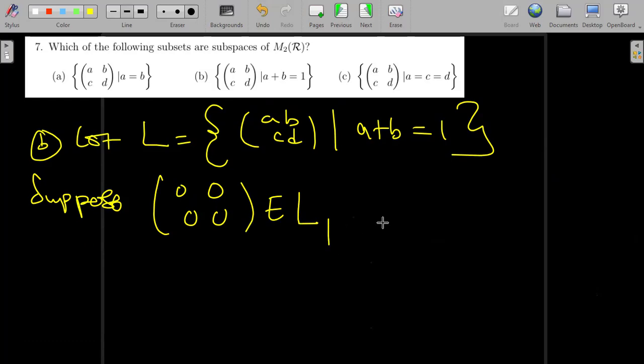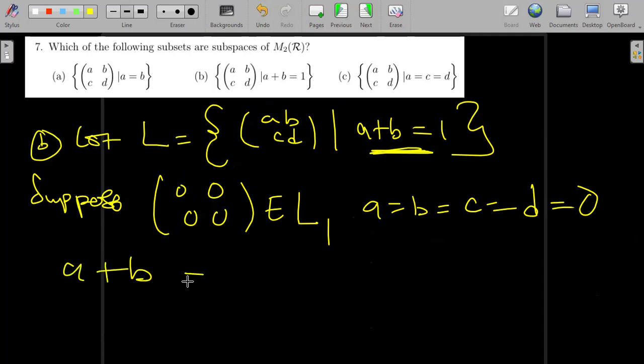So this would mean that A equals B equals C equals D equals 0, because I can see all zeros there. Does this satisfy this condition? A plus B is equal to 1, but here A is 0 and B is 0. So this will be 0 plus 0, which equals 1. So it will just be 0, which is not equal to 1.